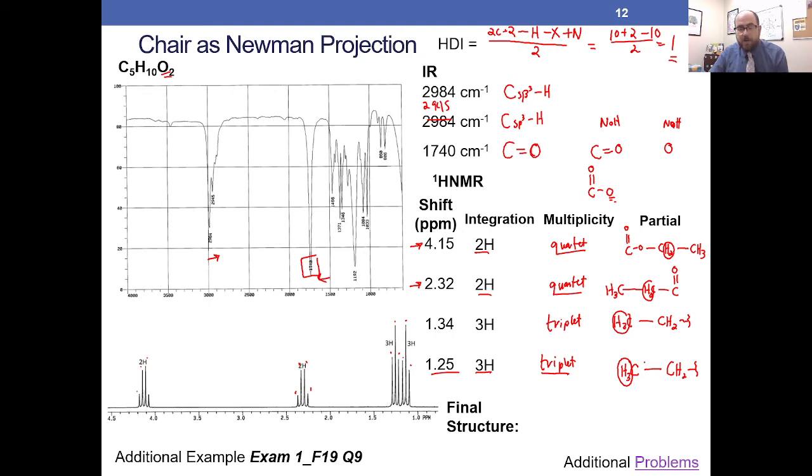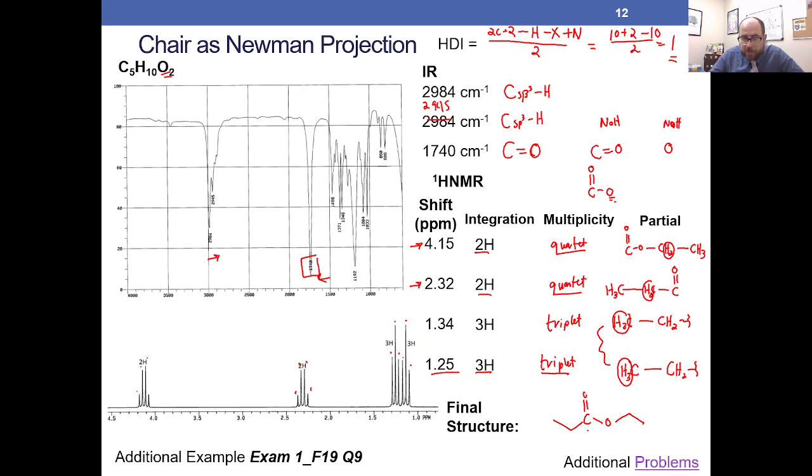Ultimately, our 2 partial structures here are 2 ethyl groups, and they are on either side of my ester. I have my ester functional group with the oxygen, an ethyl group coming off one side of the oxygen, and an ethyl group coming off the carbonyl side of the ester.